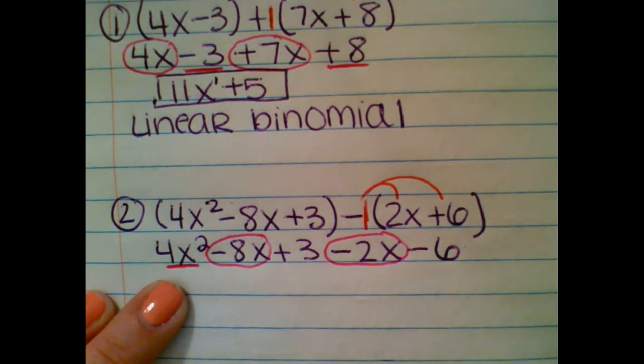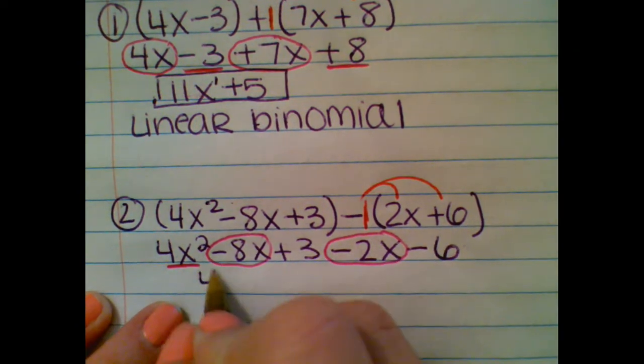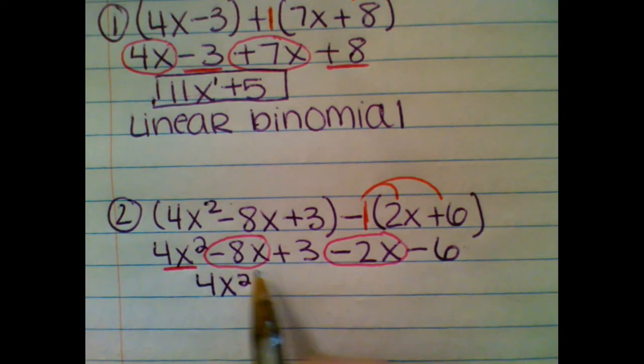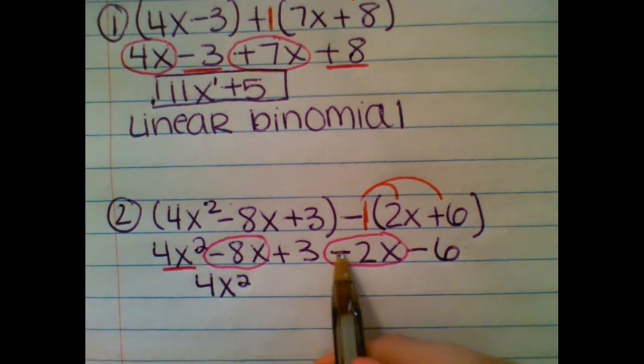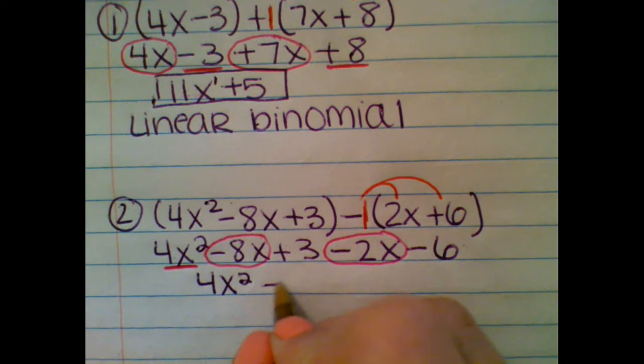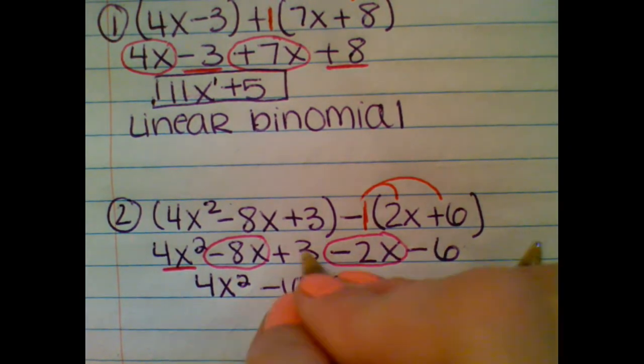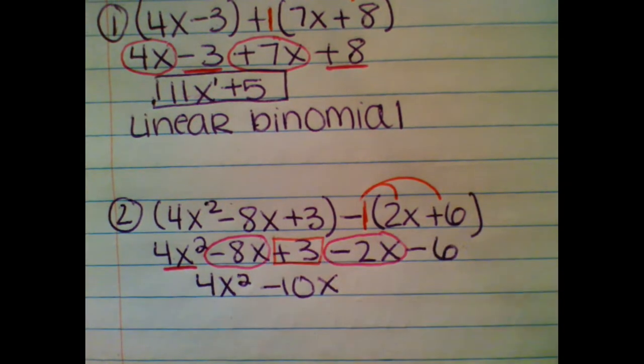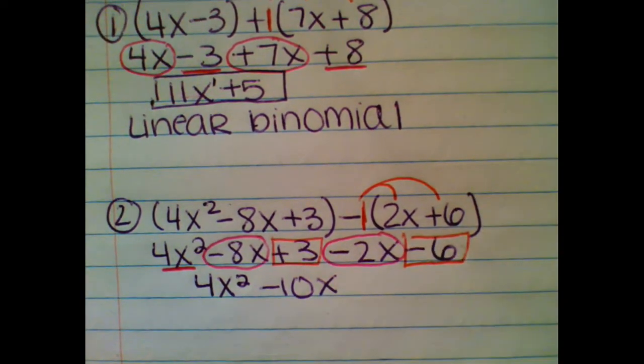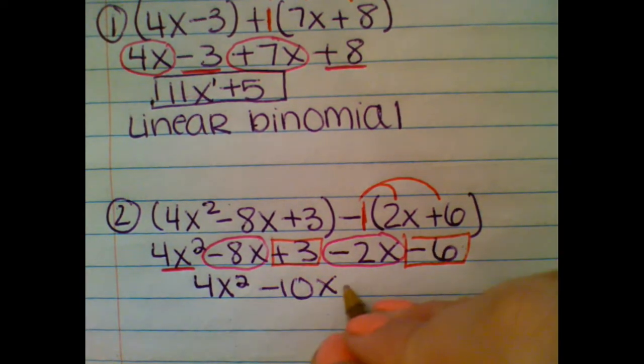And you want to say, is there any other thing with an exponent of 2? No. So I'm going to copy that down. Now, is there any other thing with an exponent of 1? Yeah, negative 8 and negative 2. That's negative 10x. Then there's the 3 by itself and the negative 6 by itself. So if I do 3 minus 6, I get negative 3.